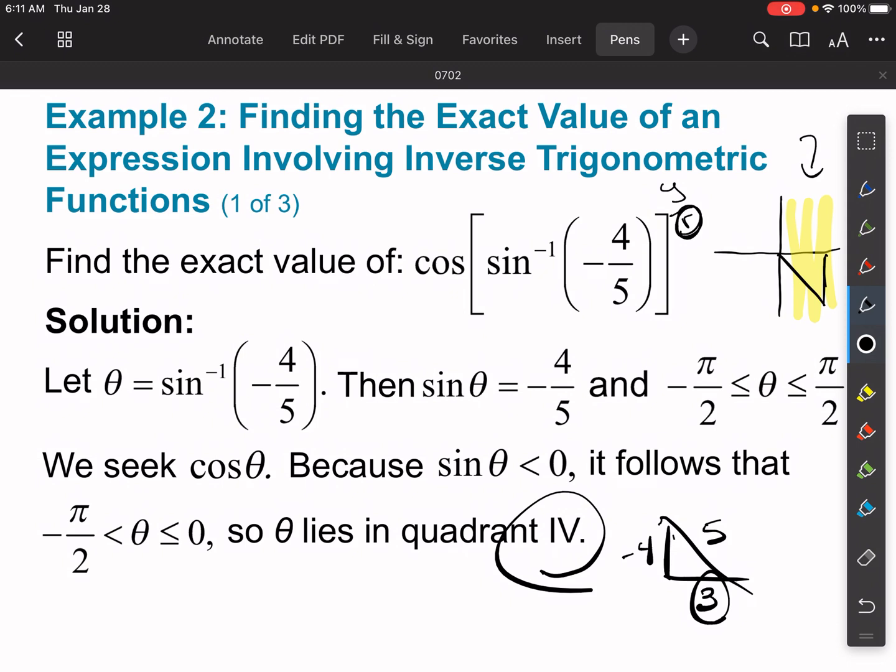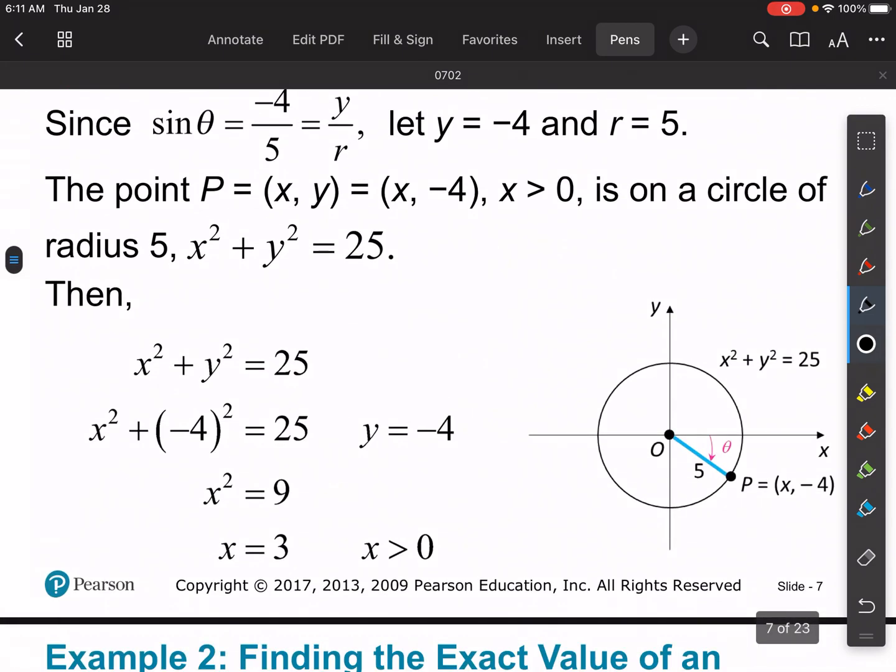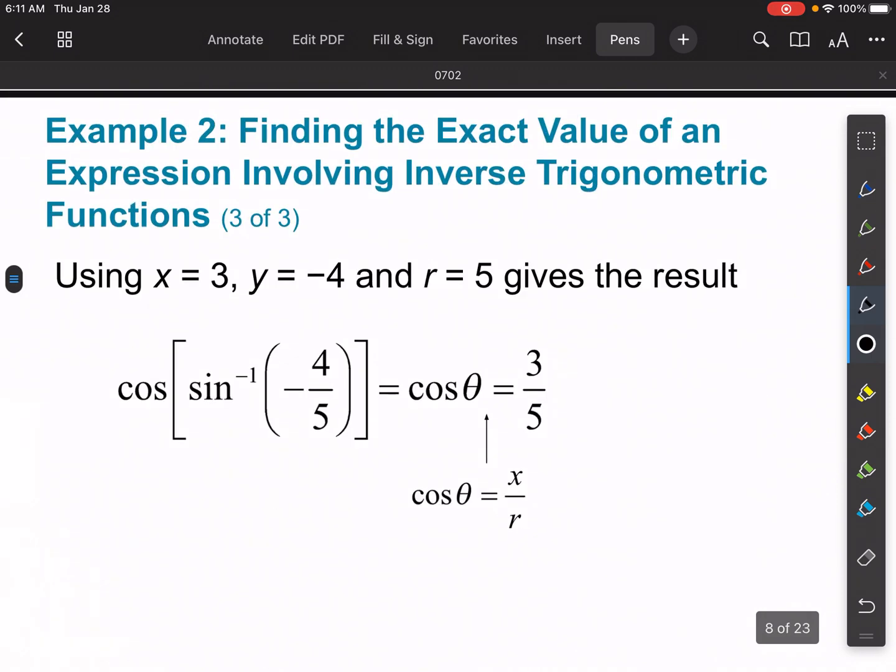So I know that my x value is going to be 3. That's what I'm looking for, because the cosine is equal to the x value over the r value. So I'll be at 3/5. The cosine of the inverse sine of negative 4/5 is 3/5. All right, so that's what all this was telling us.